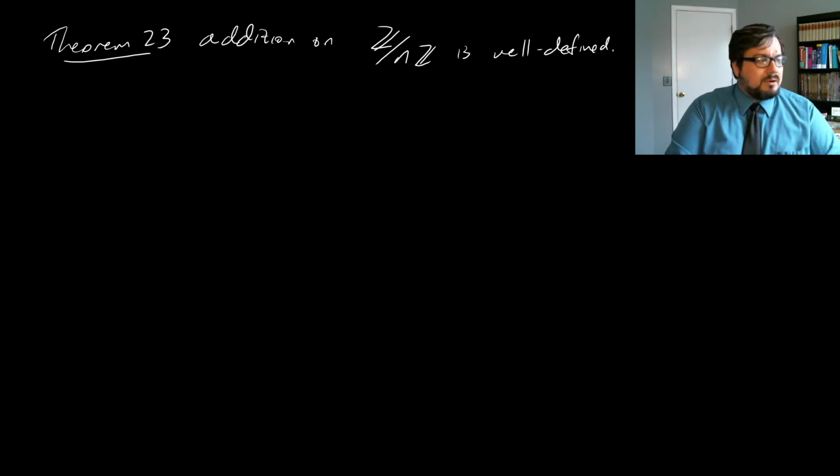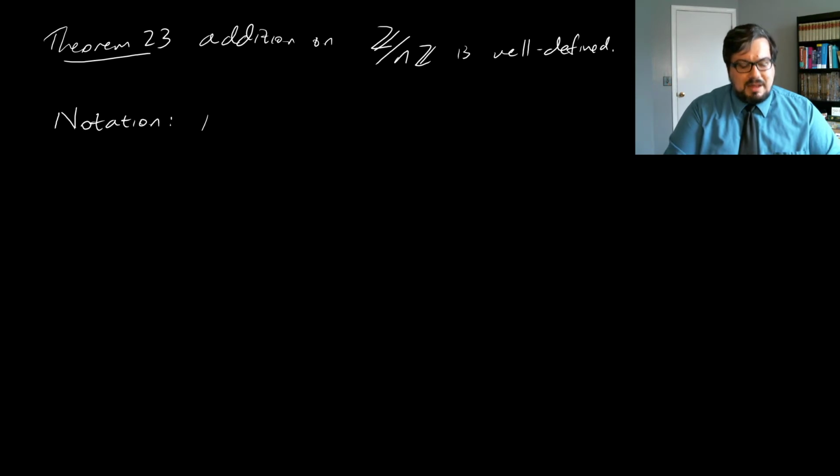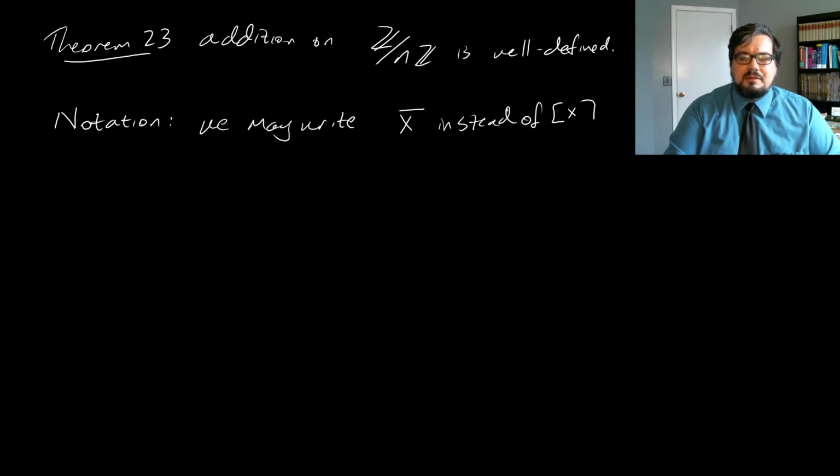Now, for a bit of notation before I begin the proof, we are going to be working with these equivalence classes in these sets Z mod nZ very often, and we're going to want a slightly more efficient notation for this. We may write x bar, x with a bar overhead, instead of the brackets around x.